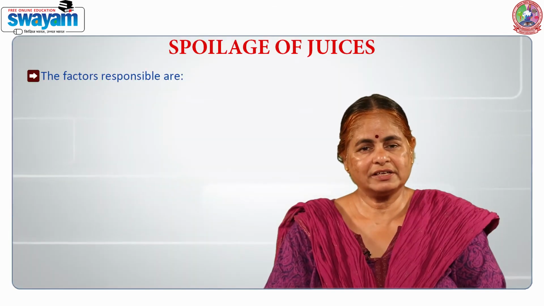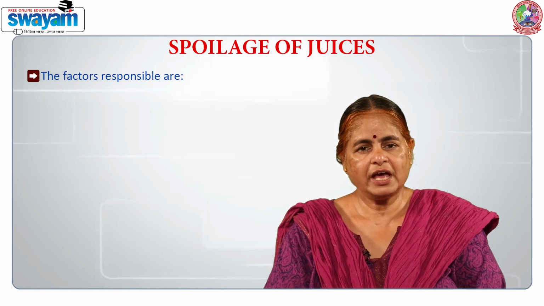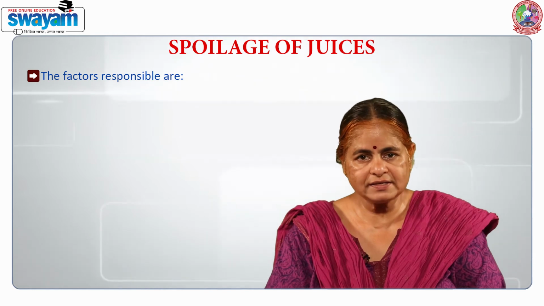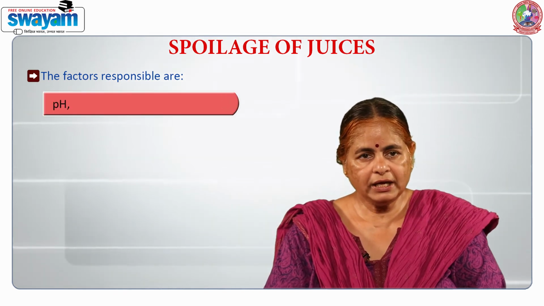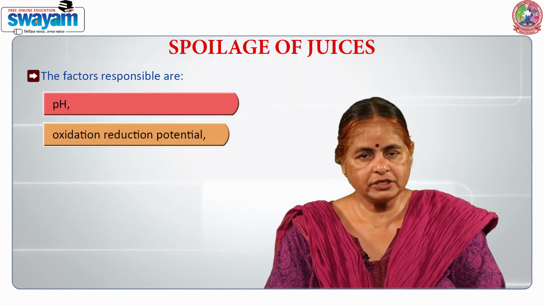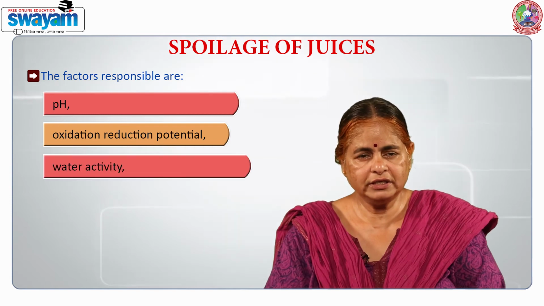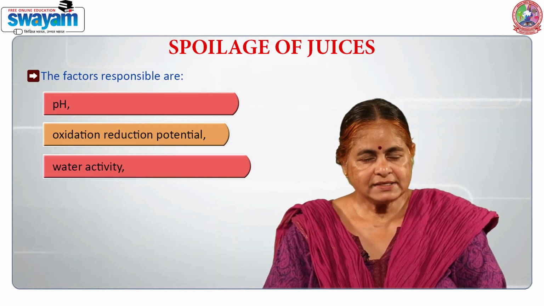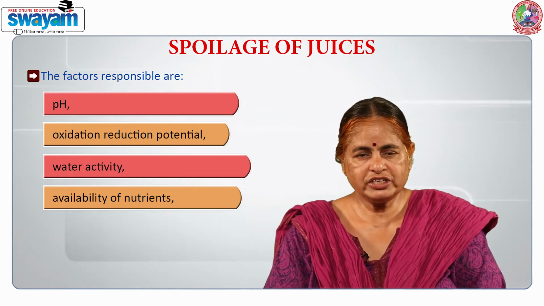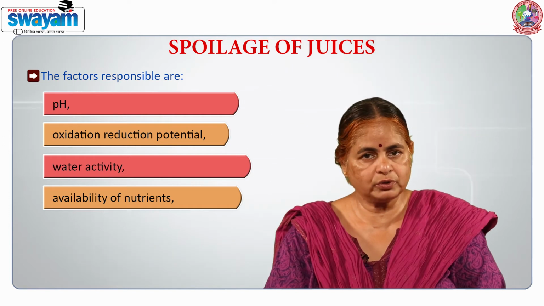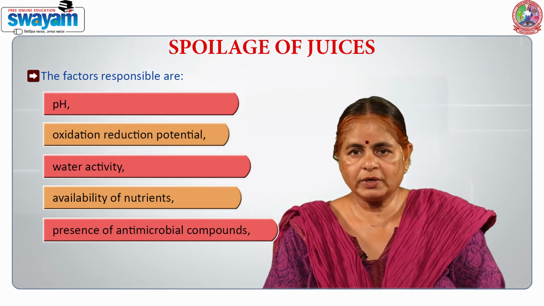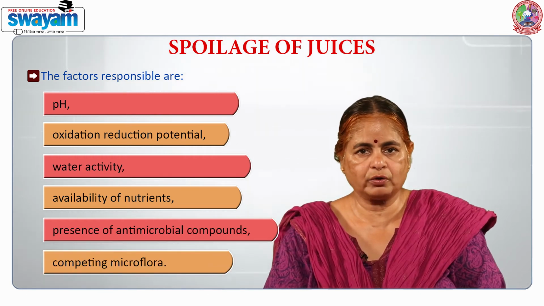The major factors which promote the growth of spoilage microorganisms are primarily the pH of the substrate, second, the oxidation reduction potential of the substrate, third, the water activity, next is the availability of nutrients, that is, substrates which are rich in nutrients are good substrates for the growth of spoilage microorganisms, and the presence of antimicrobial compounds and competing microflora.